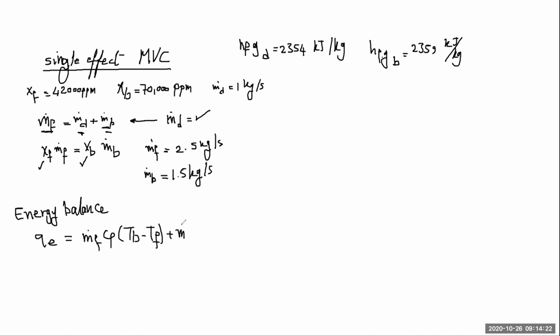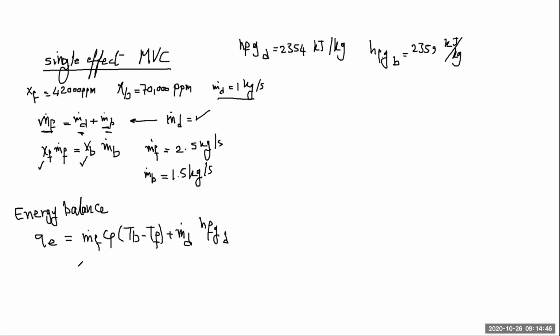And part of it is going to evaporate, given by that expression here. So sensible heating of the feed from TF to TB, and part of it is going to evaporate, which is the 1 kilogram per second that we are getting as a product here. So this is our first expression here.